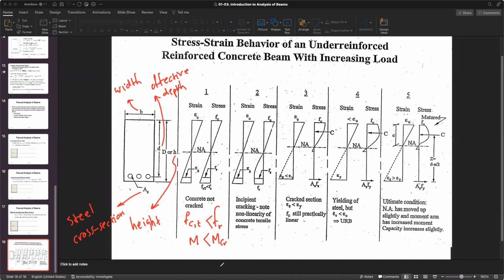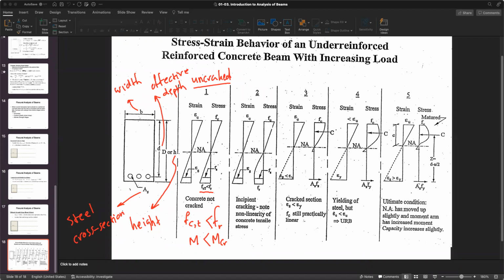So you have a straight line all the way. This is the uncracked phase. As you can see, the tension side especially is less than FR, so we are not cracked yet. We increase the load.